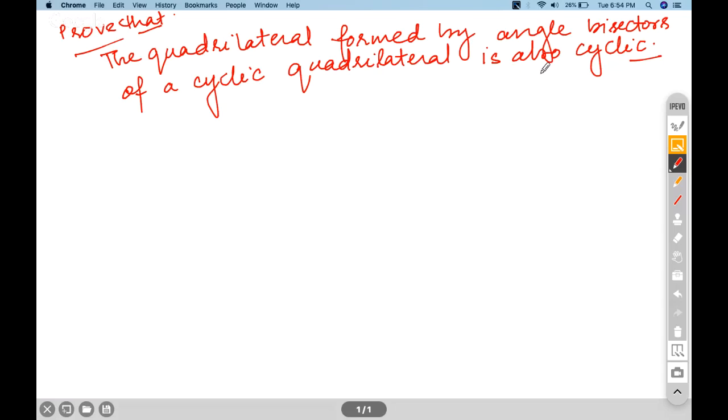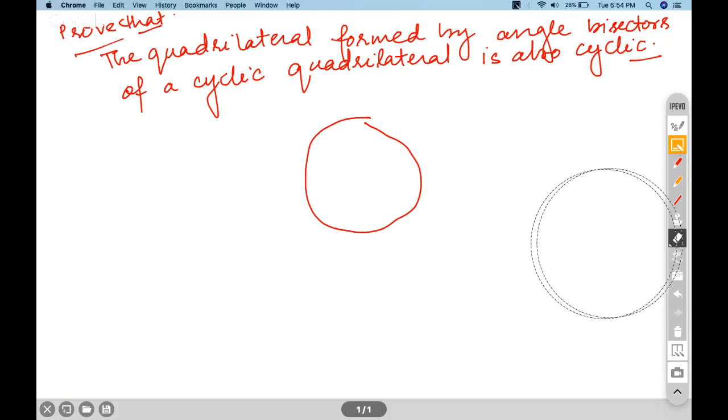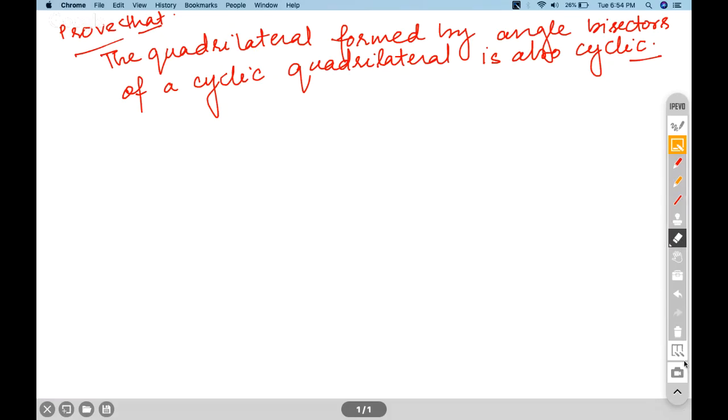Now, try to understand, the quadrilateral is formed by angular bisectors of a cyclic quadrilateral. So first of all, I have a cyclic quadrilateral.